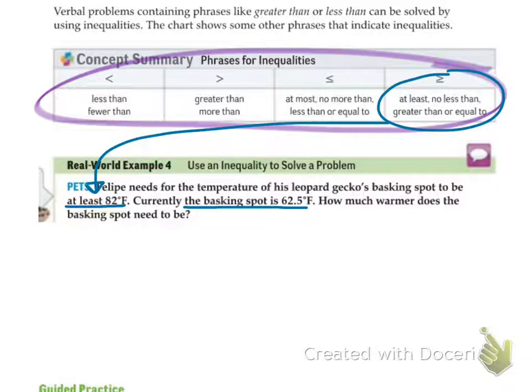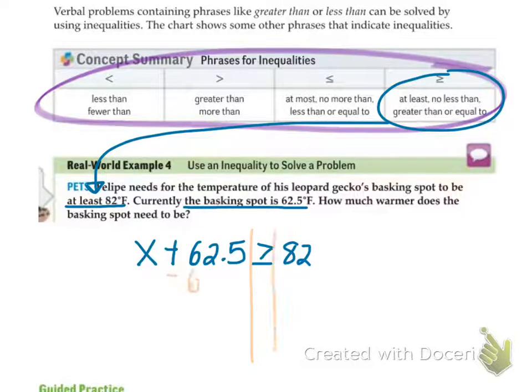And I think about my equation here. We know that it has to equal 82 degrees Fahrenheit, or be at least that temperature. So if we start writing an equation, we know we need a certain amount added to the total of 62.5 currently, and we know that total has to be greater than or equal to 82 degrees.